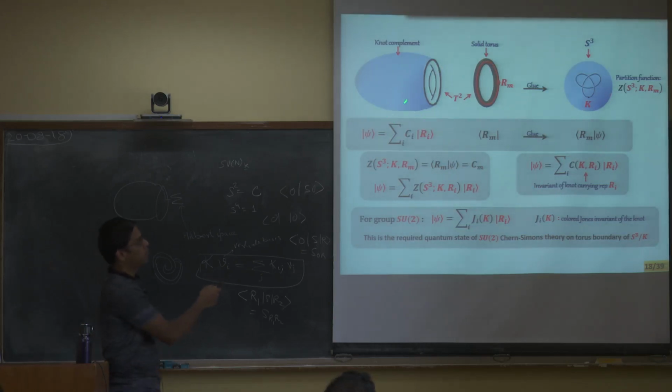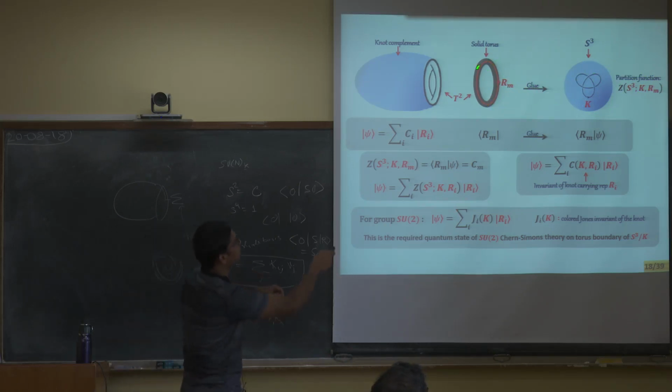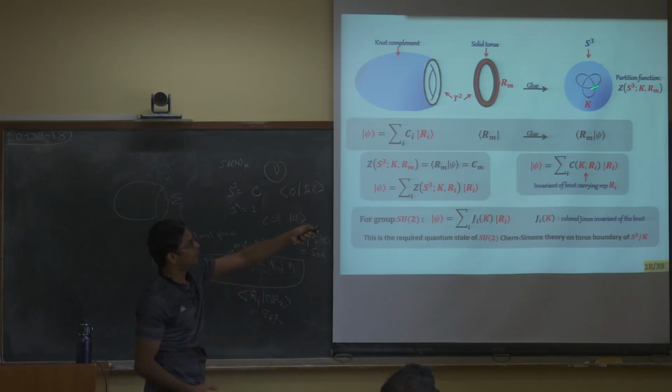This is the way to compute these coefficients. Take this knot complement and take a solid torus with a Wilson line in some representation Rm, and glue them back. This will give the partition function of S3 in the presence of the knot K and this Wilson line. I have not drawn it correctly, so this Wilson line is like this one. Take this Wilson line and then glue them back. This will give the manifold S3 with this sort of Wilson line.